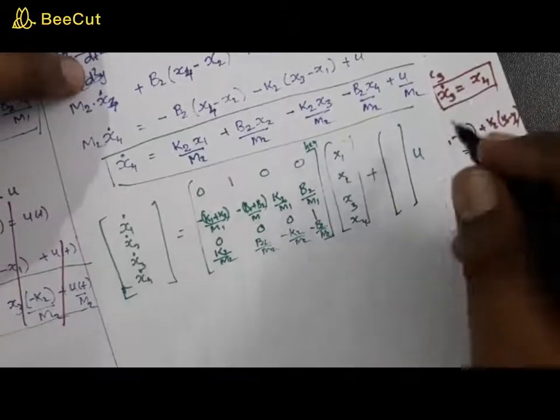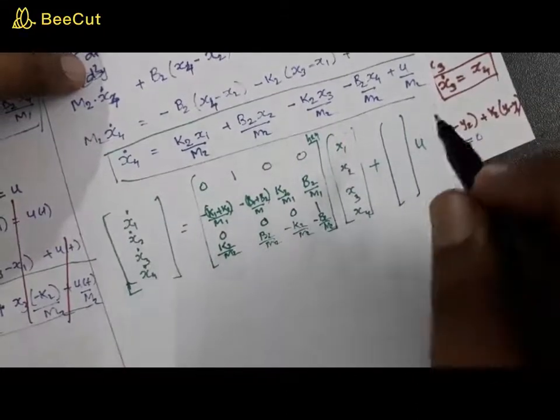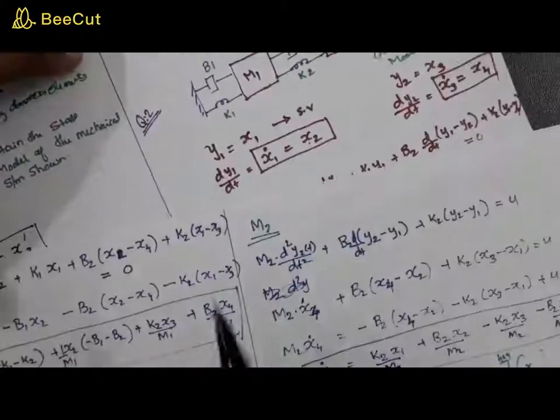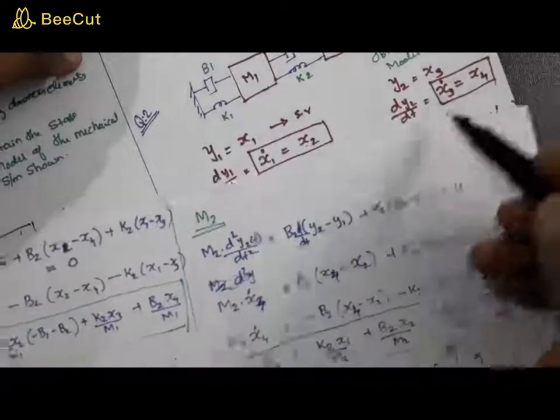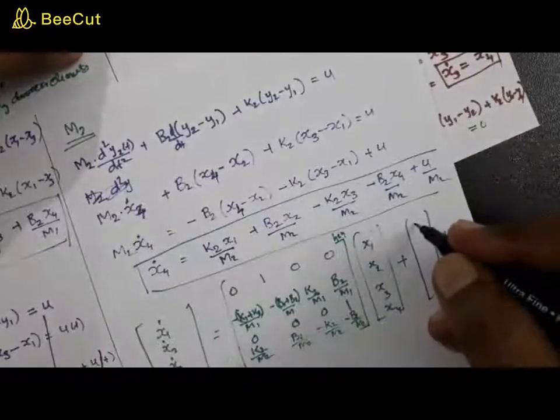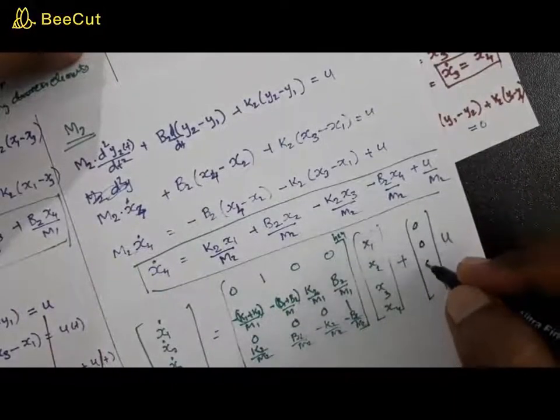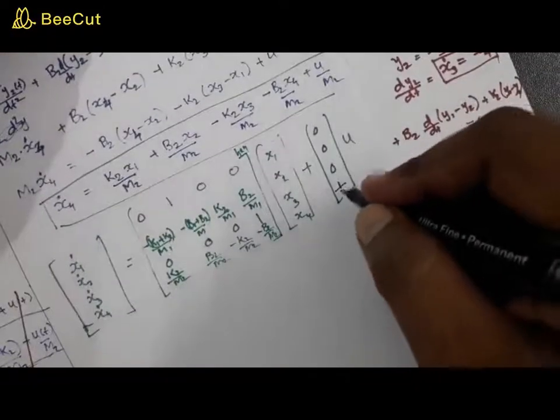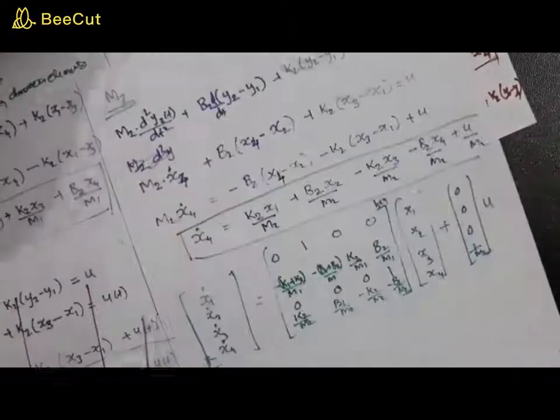There is only one input, u. But when you look at the x1 dot, x2 dot and x3 dot equations, you can't find any u. That means these three equations are independent of u, so the coefficient associated with u will be 0, 0, 0 up to the third row, and the final row will have 1 by m2.